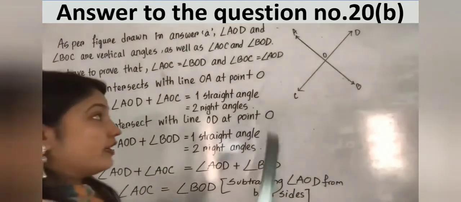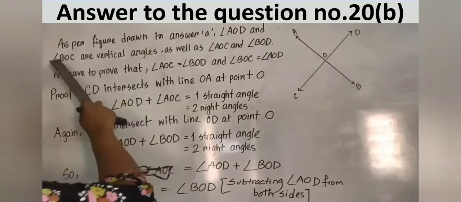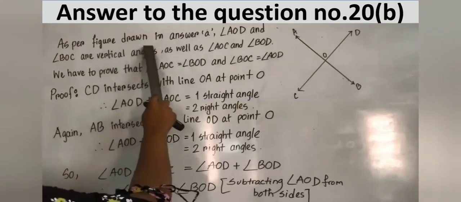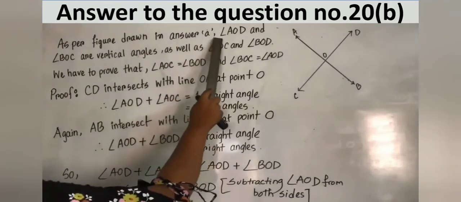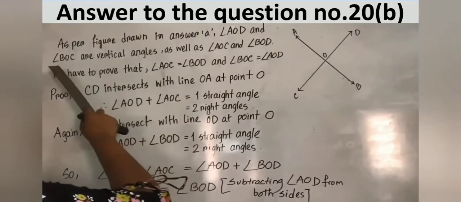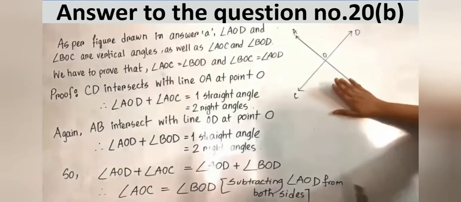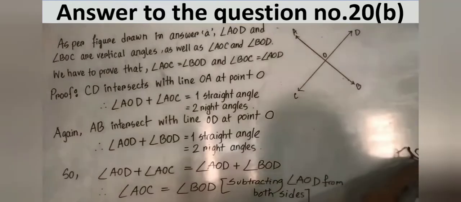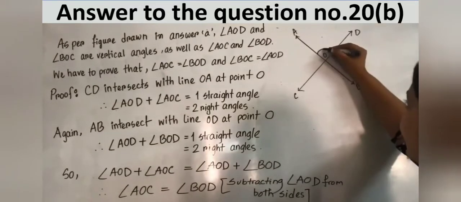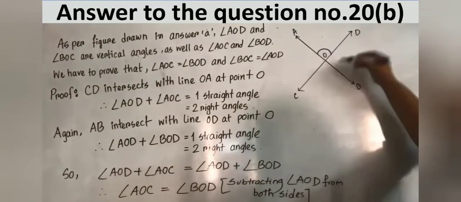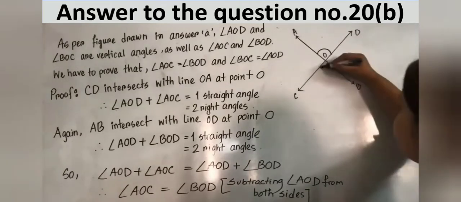At first I have written, as per the figure drawn in answer A, angle AOD and angle BOC are vertical angles. This figure was drawn in A, and here we can see this angle AOD and angle BOC is this one.